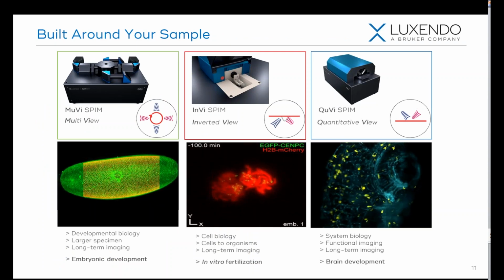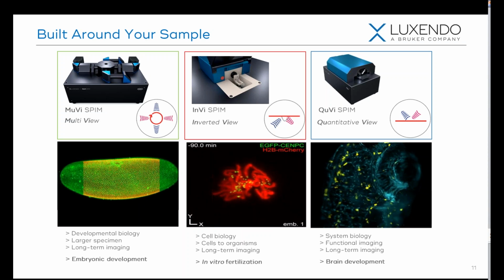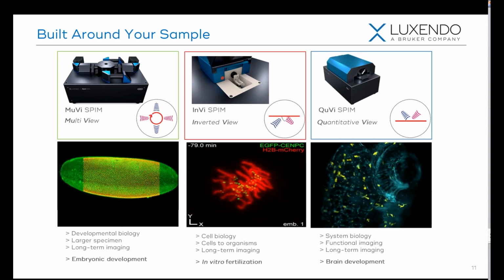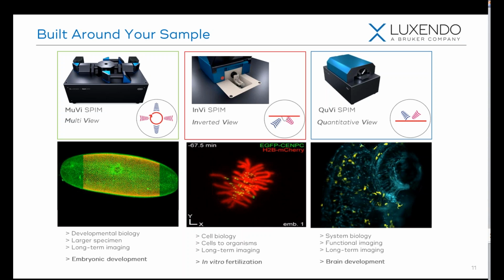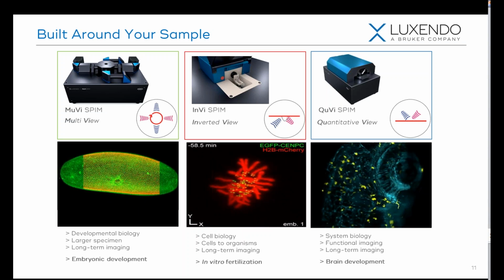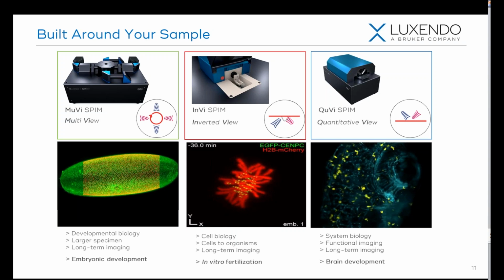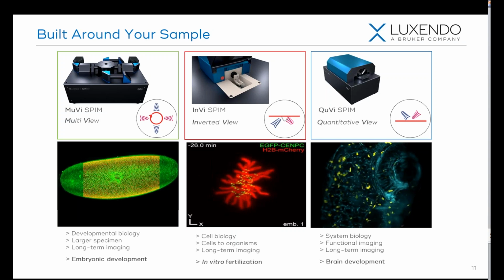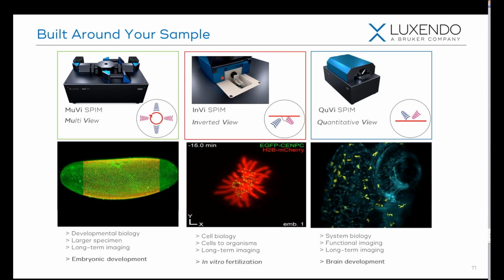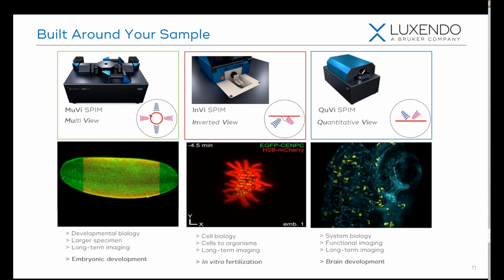This fleet of microscopes is really geared towards providing coverage for a very wide variety of applications and samples. I'd like to spend some time highlighting the advantages of each one of these systems and show you some data in order to give you a taste of what these different systems can do for you.